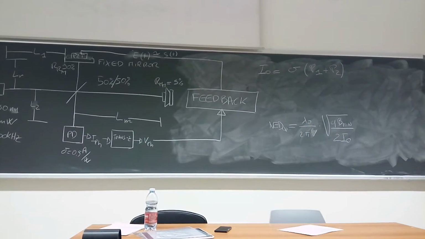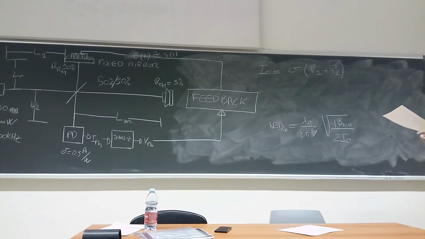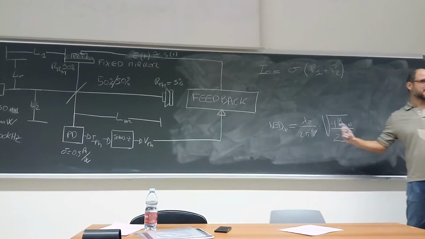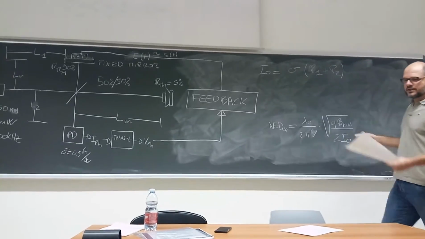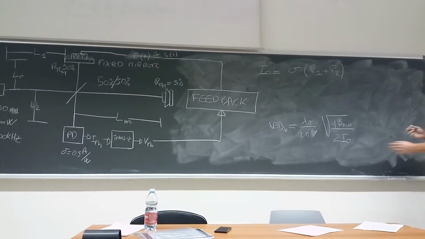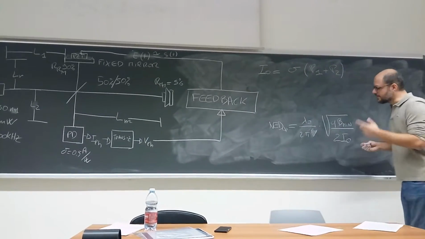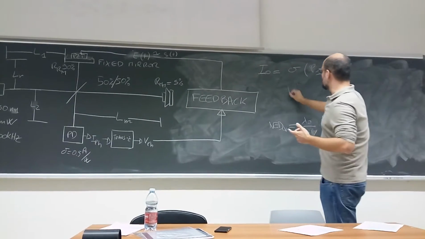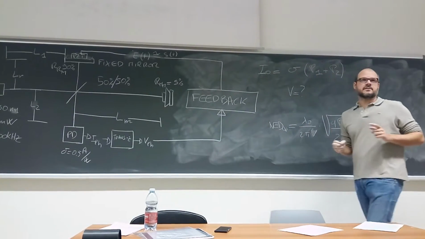Recall this. Okay? And in particular, I don't know if I have evaluated this. Sorry? No, V is the fringes visibility. I was coming to this term, okay? Because remember that if you want to use the more general form of the interferometric signal, you have to use the fringes visibility, okay? In this particular case, what is the value of the fringes visibility?